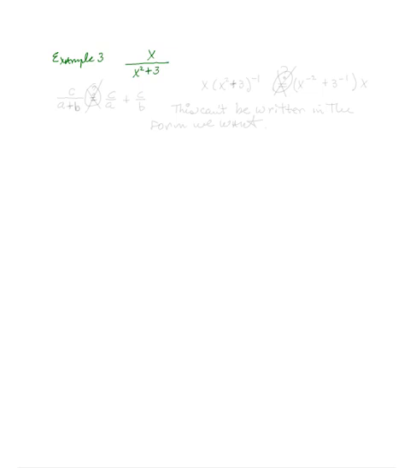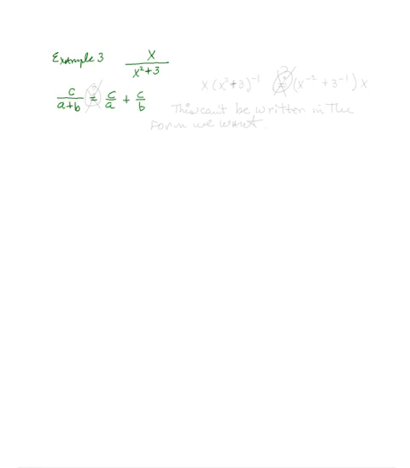So now we have to write this as a sum of terms, and each of the terms is an ax to the n. So I guess the first thing you try to do is think, well, maybe I'll use my algebra again, c over a plus b. And that's c over a plus c over b.